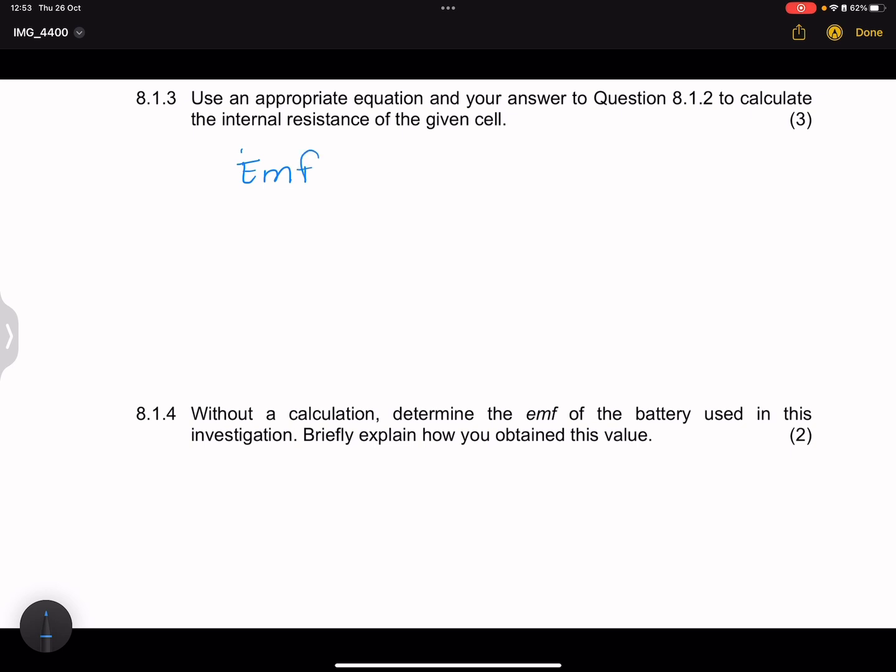We usually have EMF equal to V external plus current times the resistance. So this is V external plus V loss, or you can say V internal, the voltage across the internal resistance.